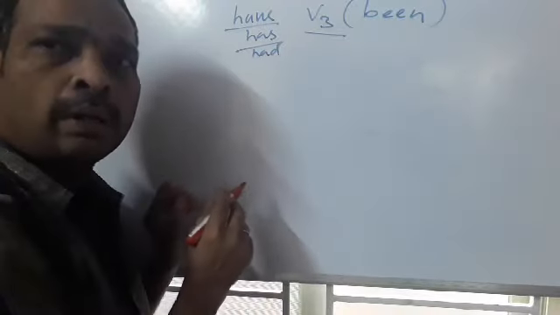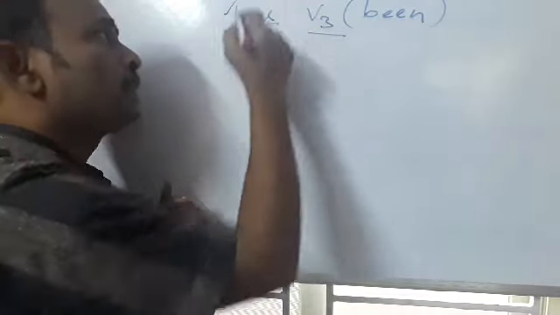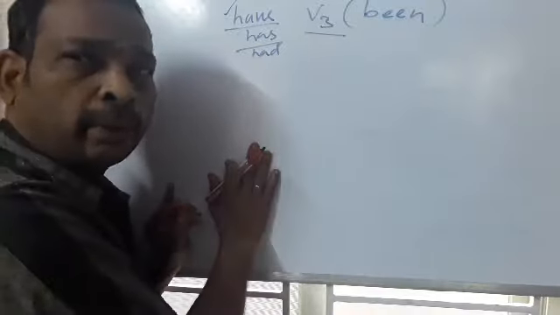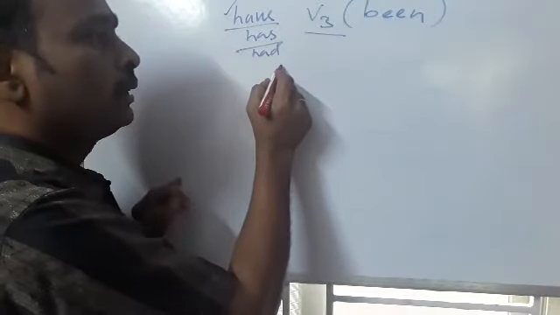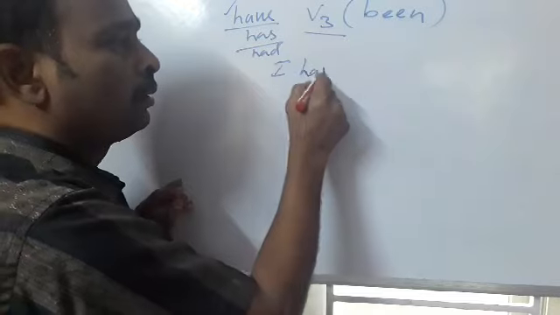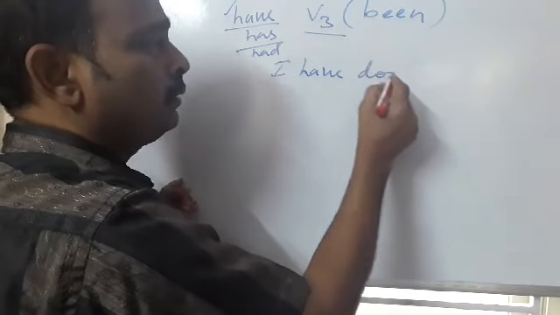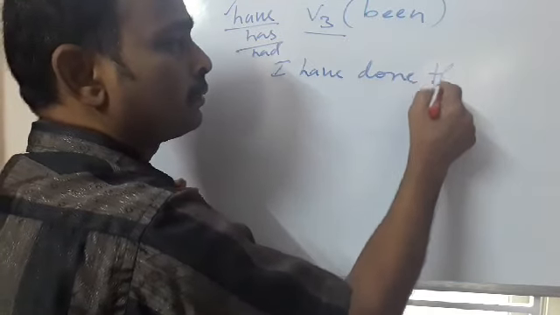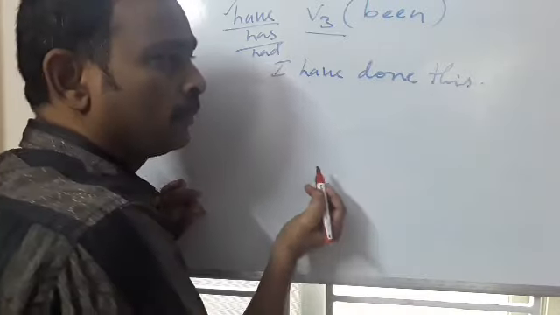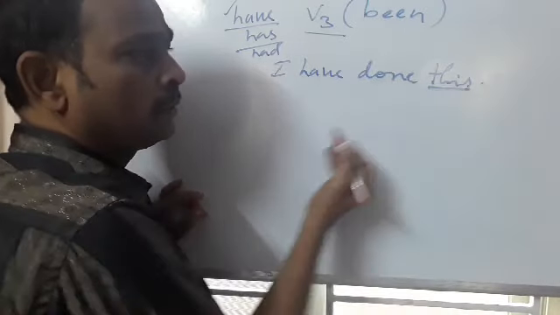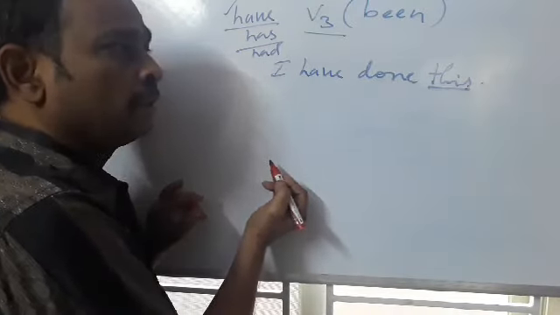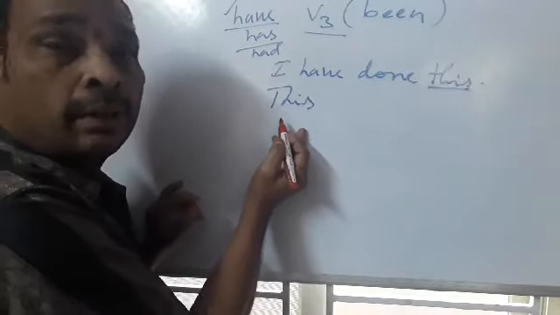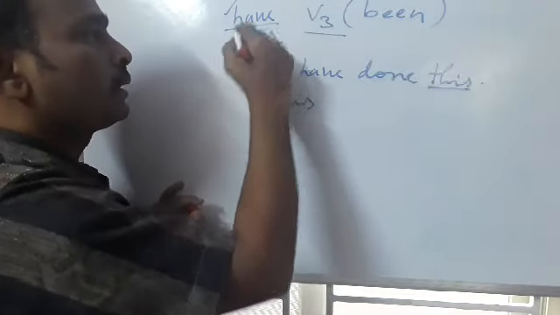Or will have, shall have. So whatever it might be, have form is common for verb 3. For example, say, I have done this. I have done this. See here, this is the object there. So, we should write this as the subject in passive voice. This is singular. So that we should select has.